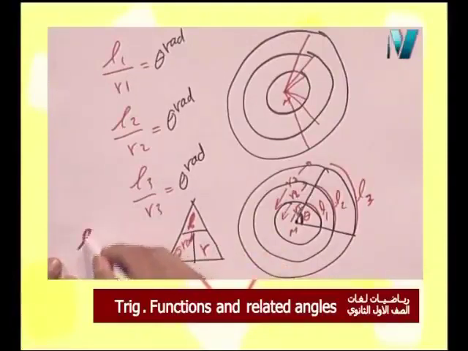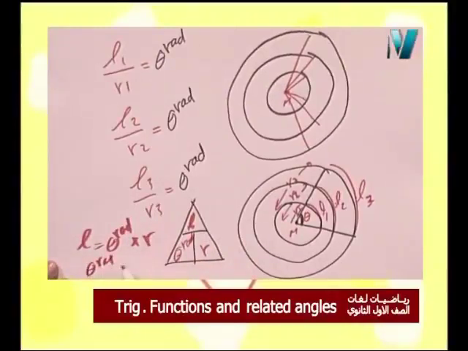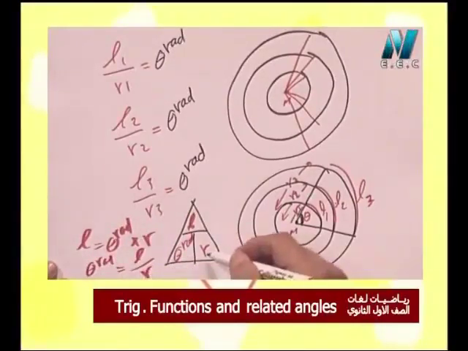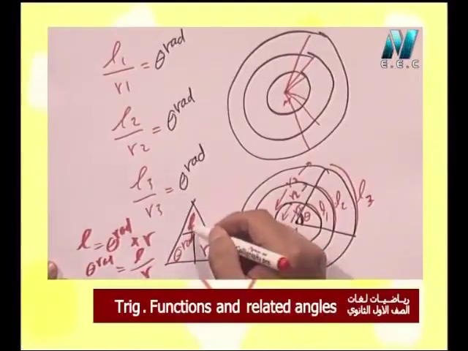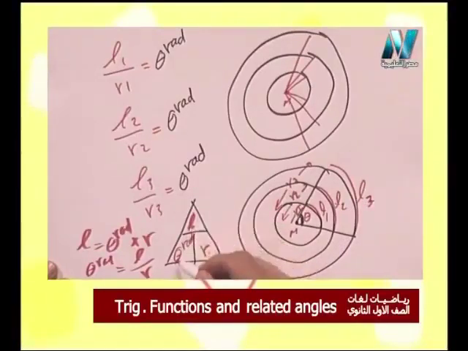To find L, just multiply theta rad by R, radius. To find theta rad, divide L over radius, and so on. To find radius, of course, you can divide L by theta rad. And we have deduced that this rule is right, because L equals theta rad times R, R equals L over theta rad, and theta rad equals L over R.